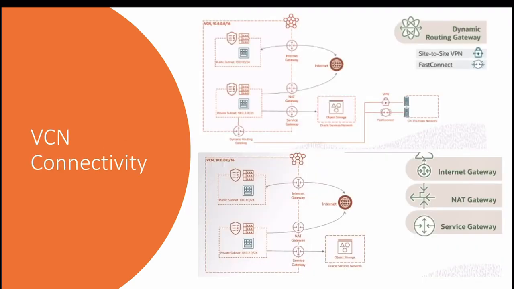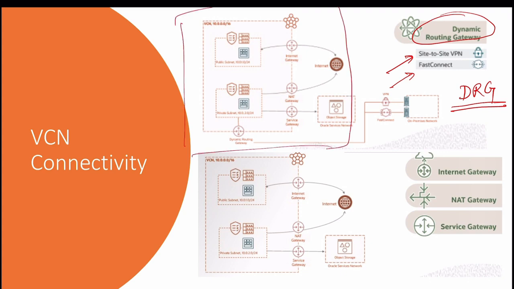Let's see what the VCN connectivity is and understand how these are connected. There is one important component, the dynamic routing gateway, or DRG in short. DRG is used whenever we need to communicate through site-to-site VPN or FastConnect. We can have two types of connection between Oracle Cloud Infrastructure and our organization's on-premises network.